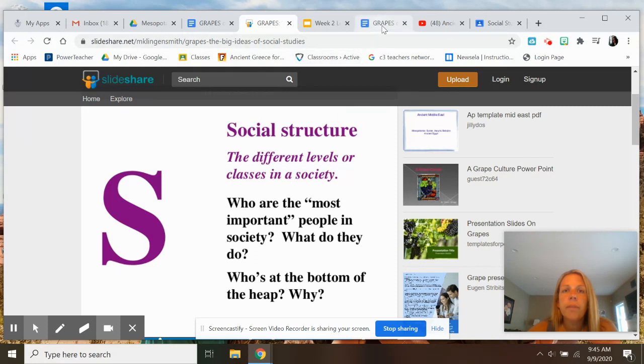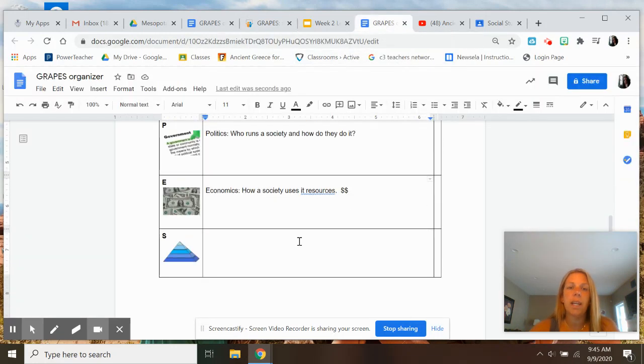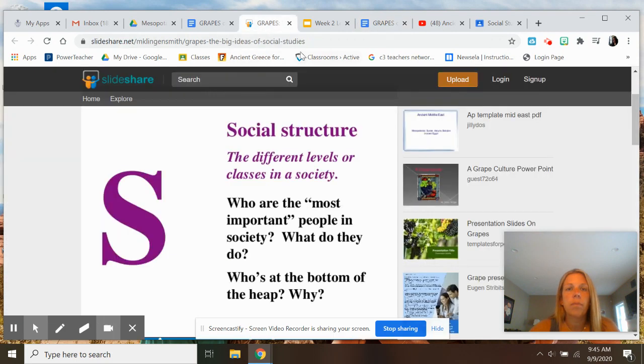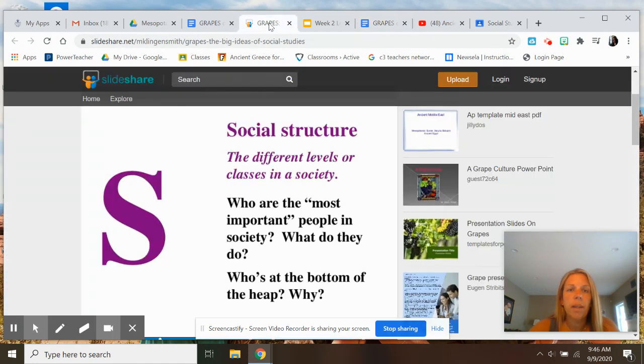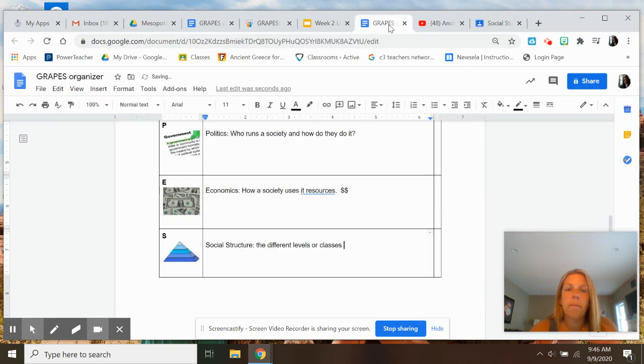Social structure, the different levels or classes in a society. And here, there's a pyramid structure.